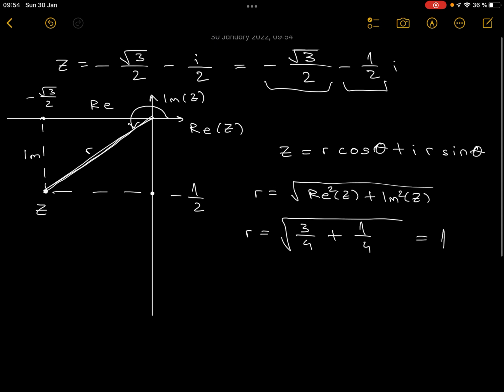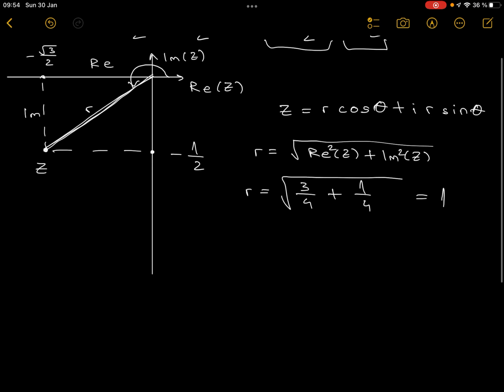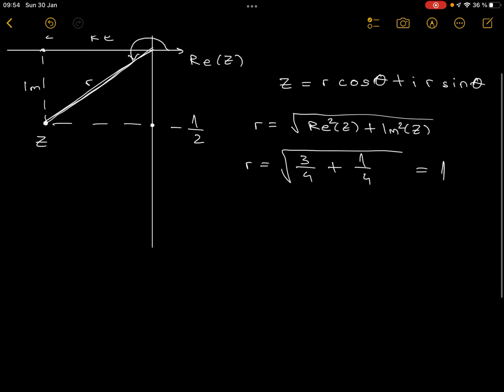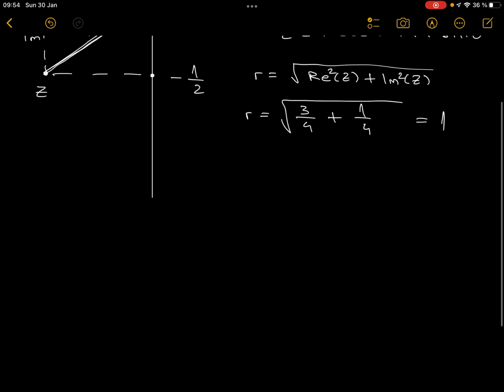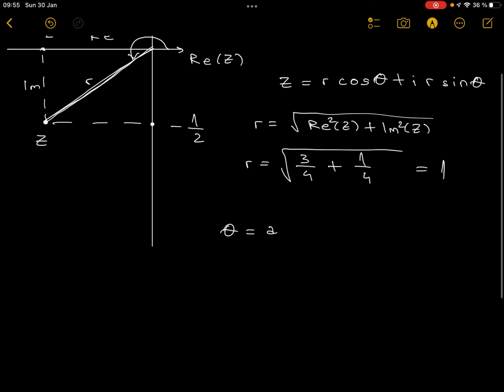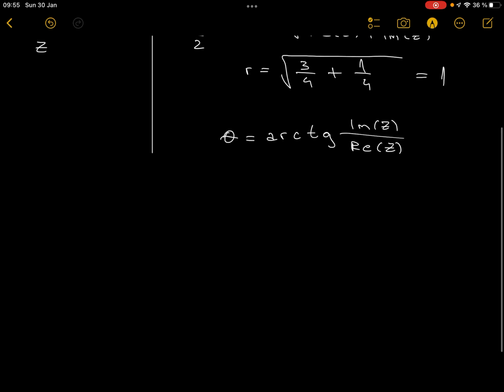And now what we have to ask ourselves next is, how do we get to theta? Well, theta from here can be seen as the arctangent of the imaginary part of z over the real part of z.